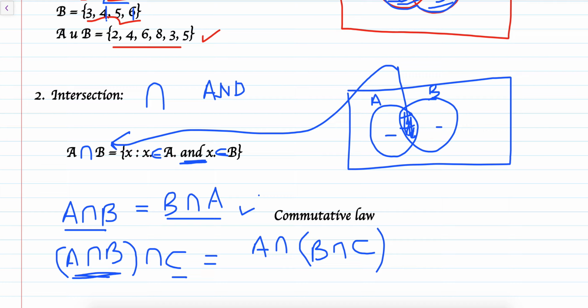So A, B and C, this denotes basically the elements which are present in all A, B and C, and the same information is present here.